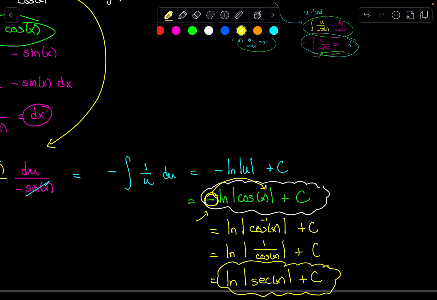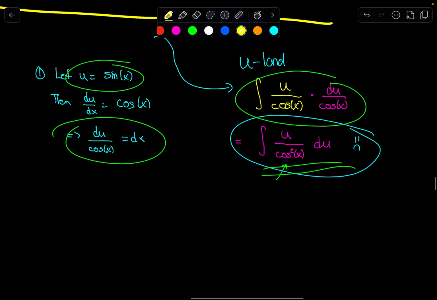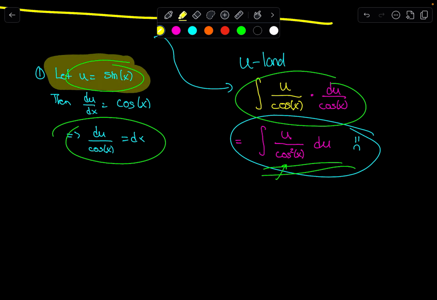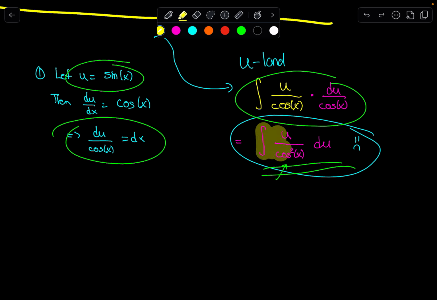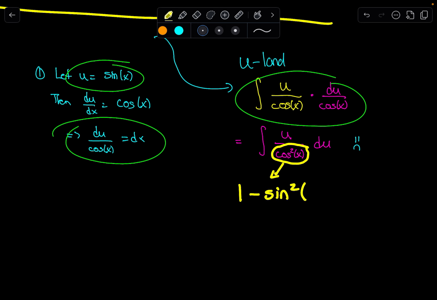I kind of like natural log of the absolute value of secant of x, but you can do whichever you want. And then one more thing I wanted to point out, which was, with this method that we did earlier, where we made this mistake letting u be equal to sine of x. And the reason why it was a mistake is that we kind of end up here. We could, in theory, actually try to work around this by doing the following, which is we could remember that cosine squared, using our trig identities, is 1 minus sine squared of x.